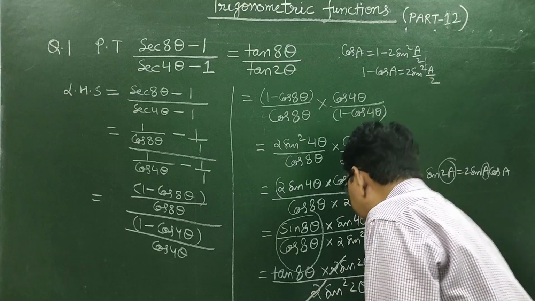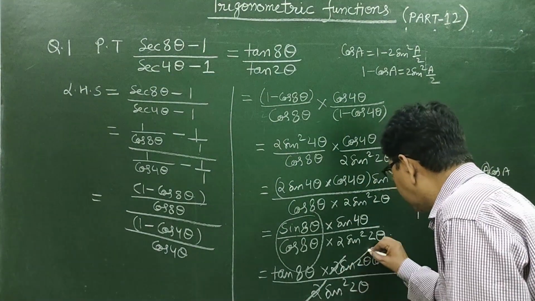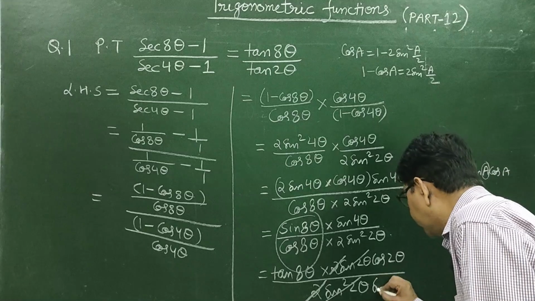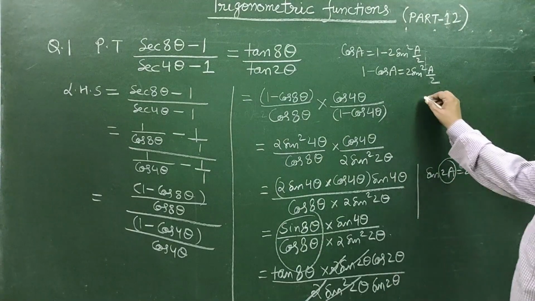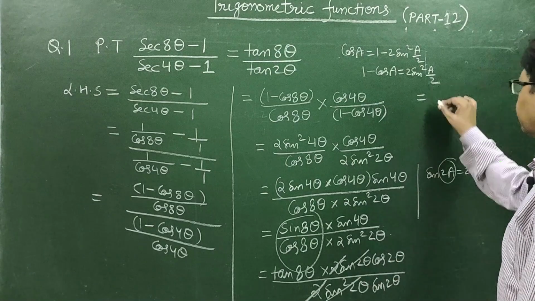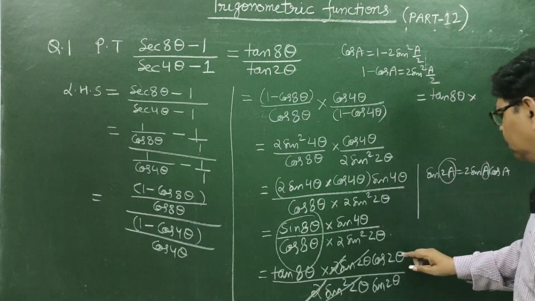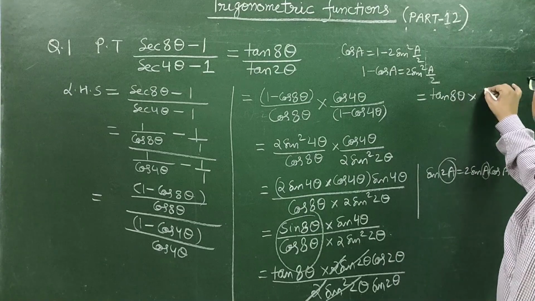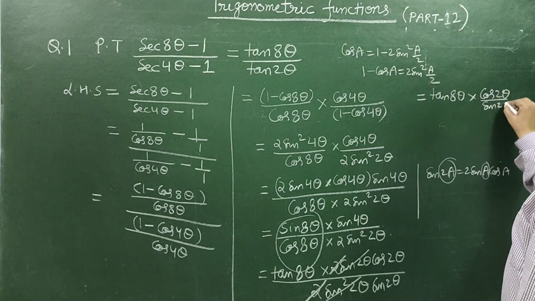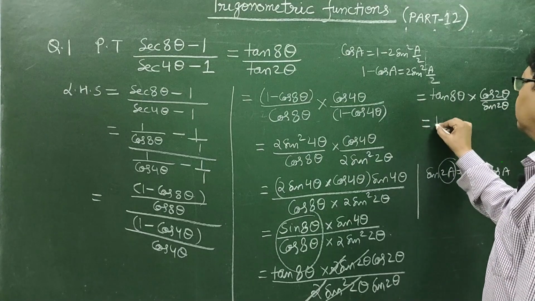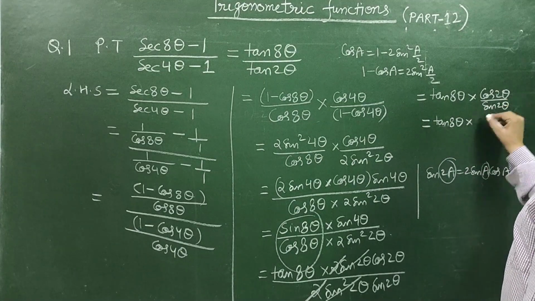This 2 and 2 cancel here, and sin 2θ from sin square 2θ cancels, and you are left with tan 8θ into cos 2θ upon sin 2θ, which is equal to tan 8θ into cot 2θ, since cos upon sin is cot.